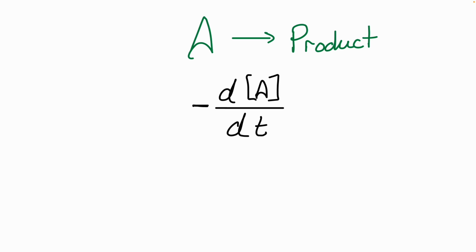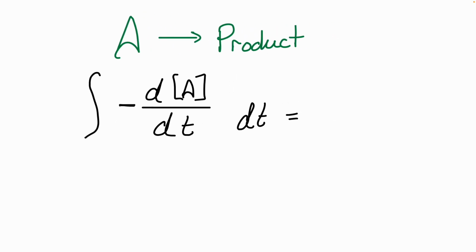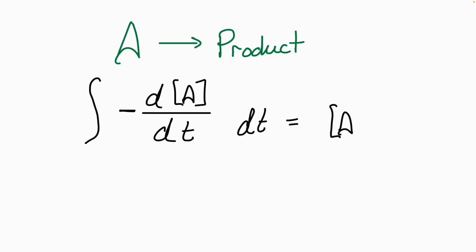So if we take this and integrate it with respect to time, we would get our concentration of A as a function of time. And this is not a calculus class, so that's where the name comes from. We're not really going to do any calculus here.